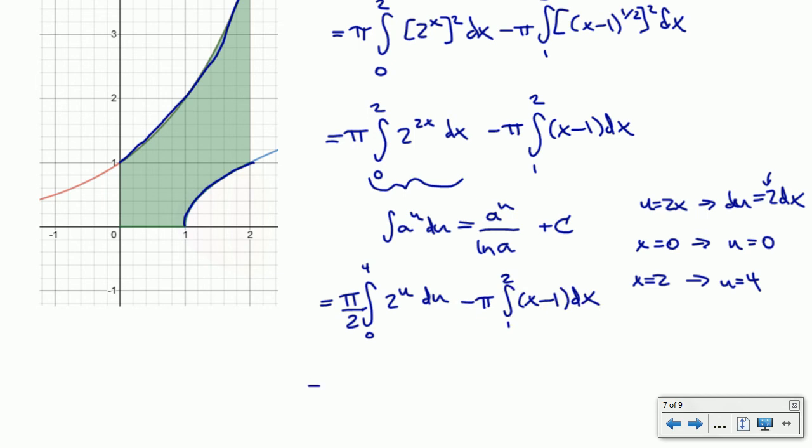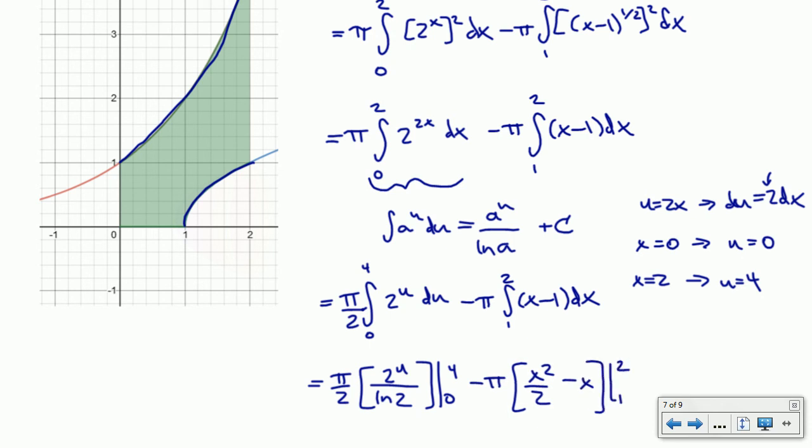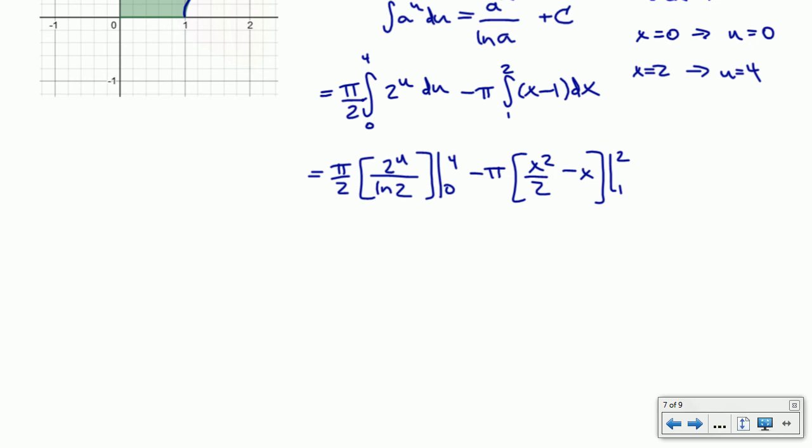For the first integral, we would have pi over 2, 2 to the u divided by ln of 2 from 0 to 4. And for the second integral, we would have negative pi, x squared divided by 2 minus x, evaluated from 1 to 2. Putting in our limits of integration, we would have pi over 2 ln of 2 times 16 minus 1, because 2 to the 0 is 1.